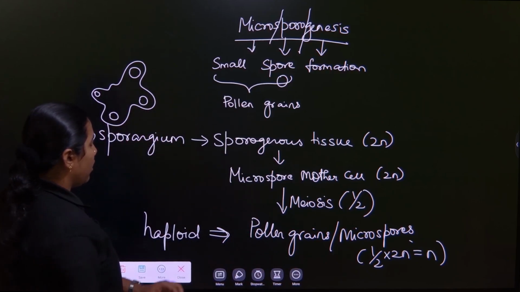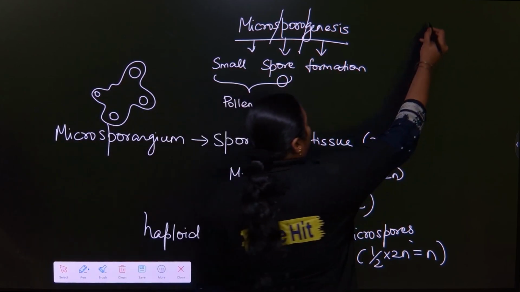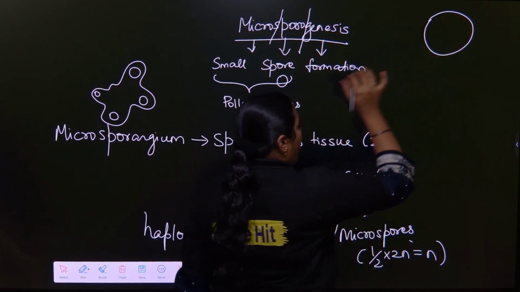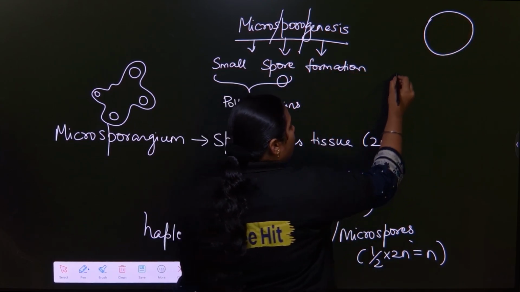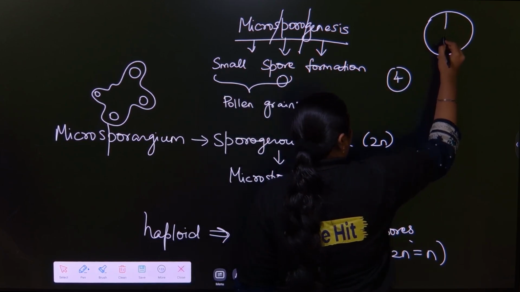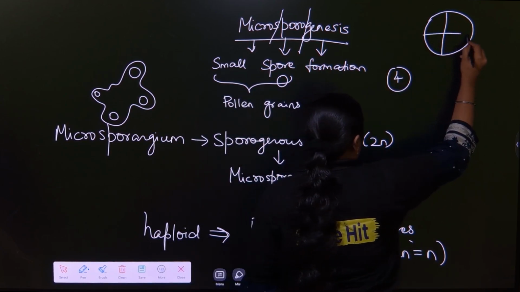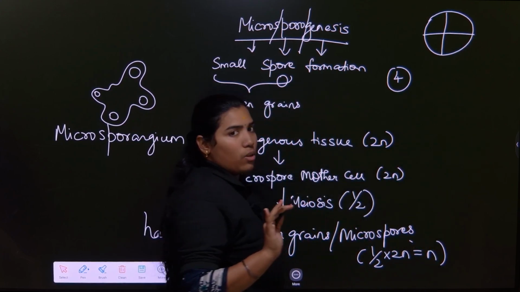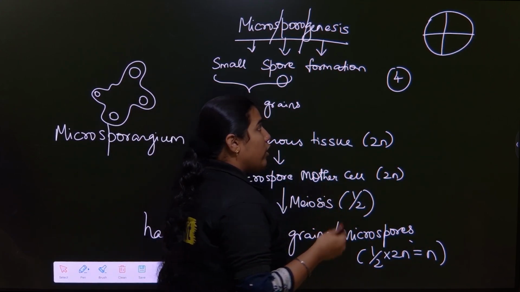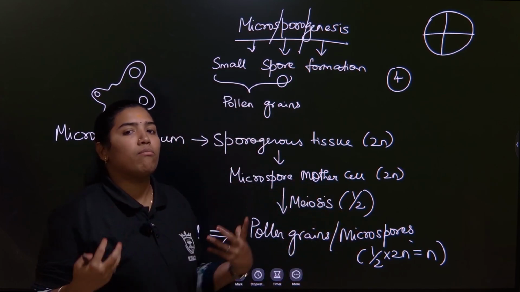Then imagine a microspore mother cell to be a cell like this. Just imagine. And because of meiosis, 4 cells will be formed, right? So first division, second division. Just now we can see 4 cells. But these 4 cells will not immediately split and move away.